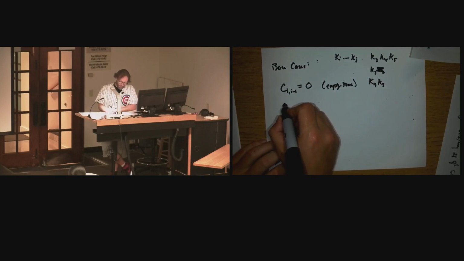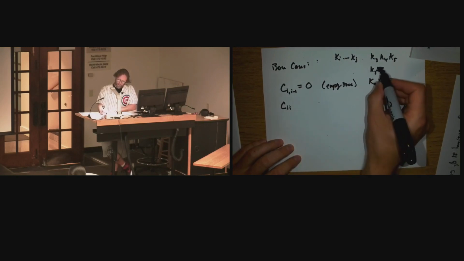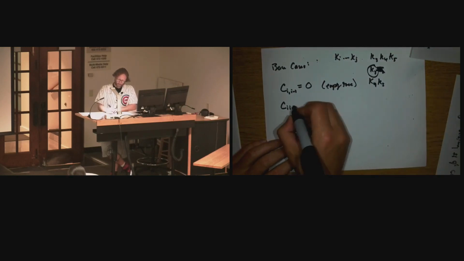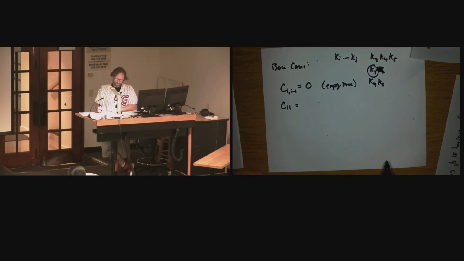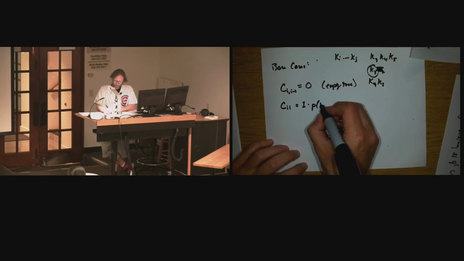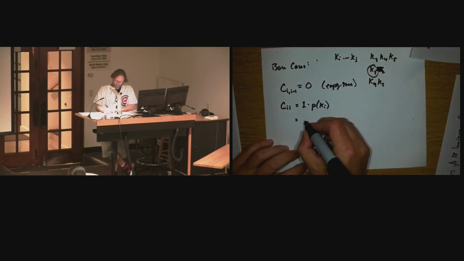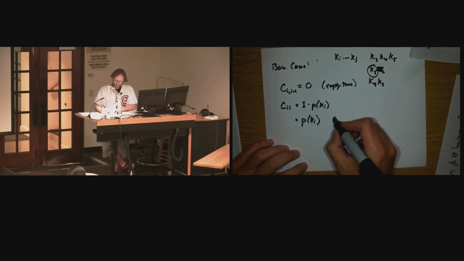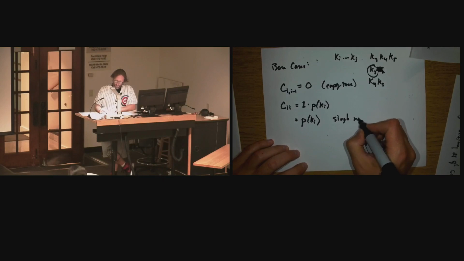What happens when we just have one node, like this over here, K3? What's the cost there? 1. But now remember, the real average cost is going to be 1 times the probability of it. So 1 times the probability of K sub I, which of course is just, get rid of that 1, the probability of K sub I. This is a single node tree.